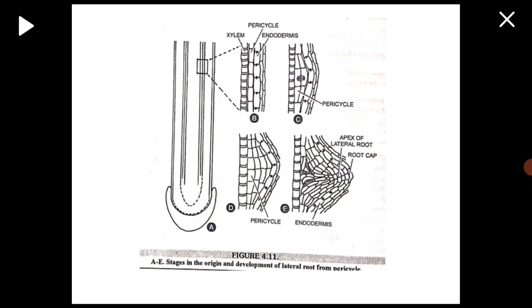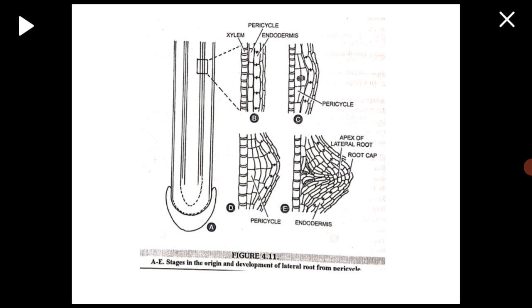The root cap and promeristem develop at the apex of primordium. It continues to grow in length and finally comes out piercing through epidermis. The cells behind the promeristem differentiate into cortex and vascular tissues.